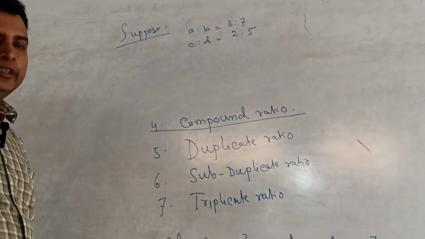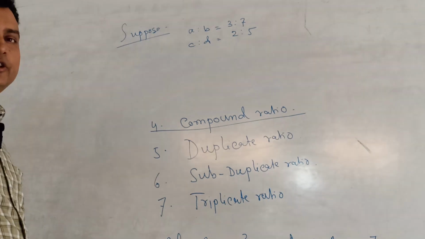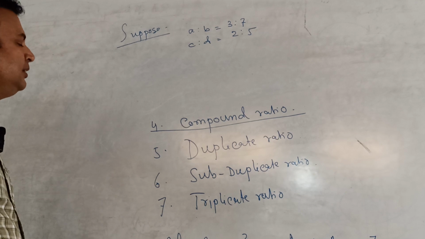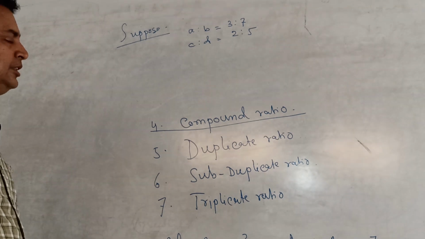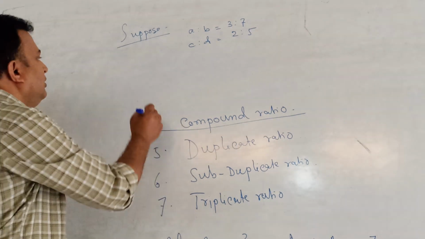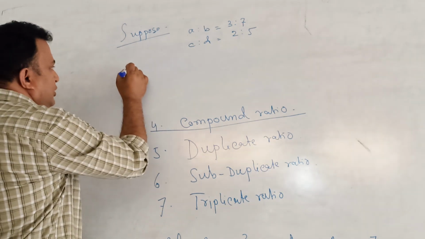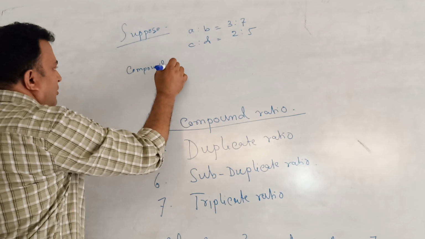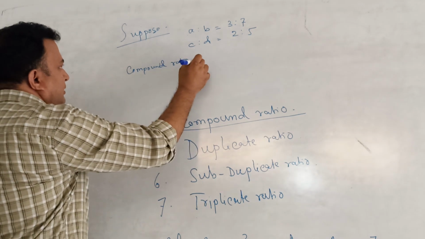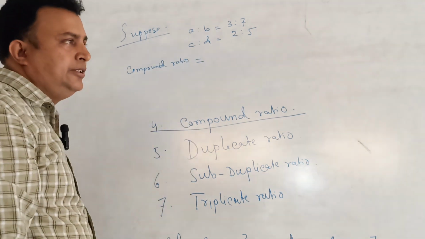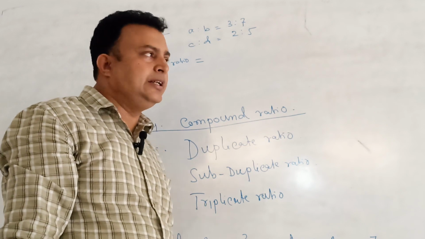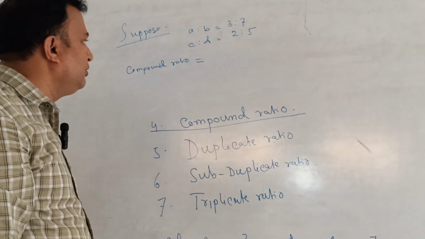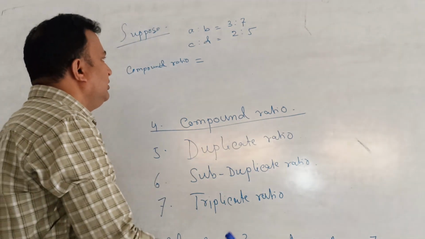Two ratios are given. What is its compound ratio? Compound ratio is, you have to multiply the numerator part, that is antecedent, and the denominator part, that is consequent.